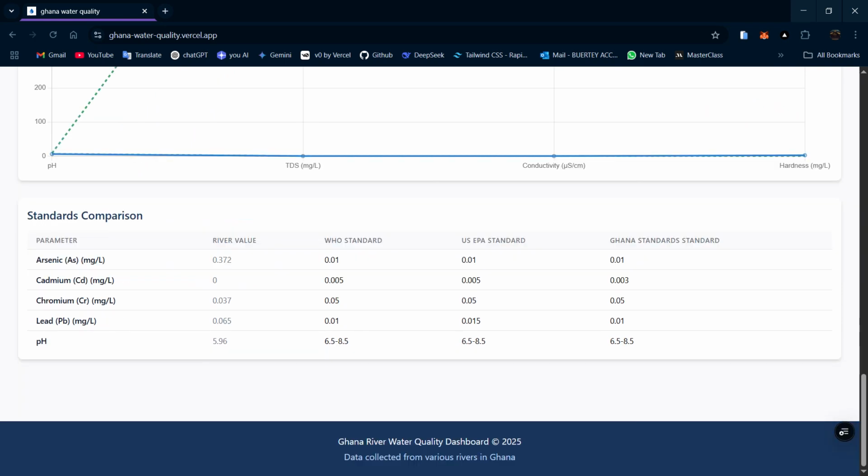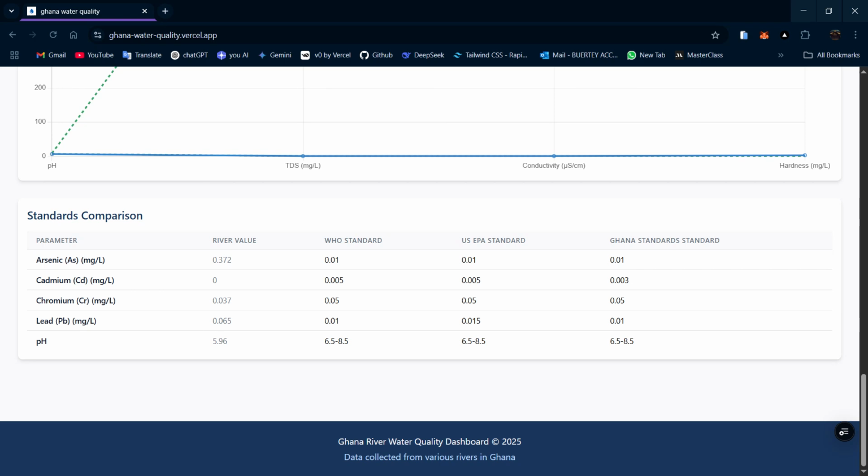When we look at its standard comparison, we can see that the arsenic level compared to the WHO standard is high. It doesn't meet the WHO standard. Compared to the US EPA standard, it's high and doesn't meet it. Compared to the Ghana standard, it's high and doesn't meet it. It goes on up to the pH.